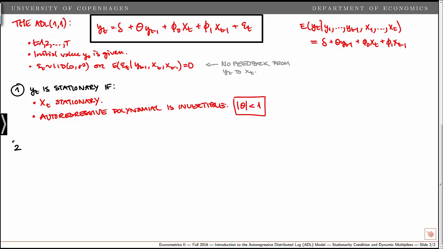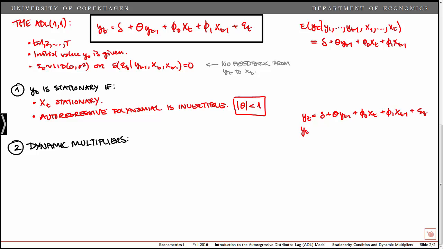Now the next thing we will consider is the dynamic multipliers. So we are interested in the effect of a shock to x_t on y_{t+1}, and so on. And note here that we could rewrite the model, so we could write it out for t. We have the equation from before.